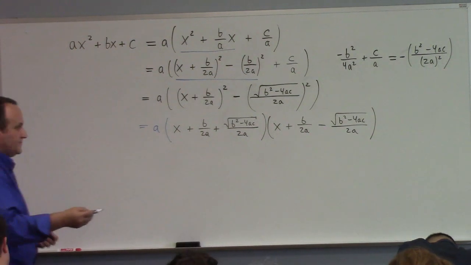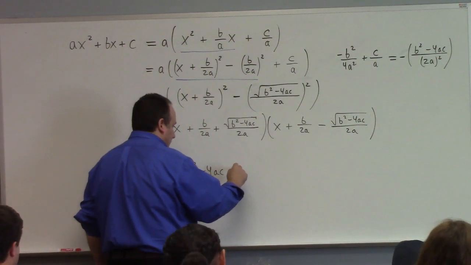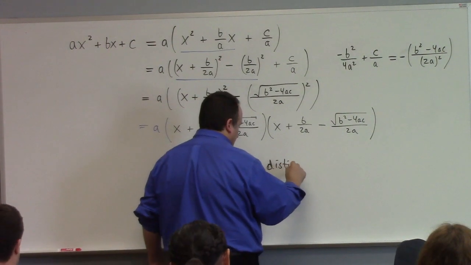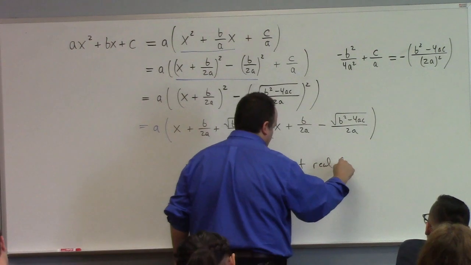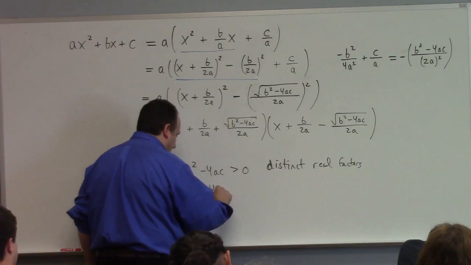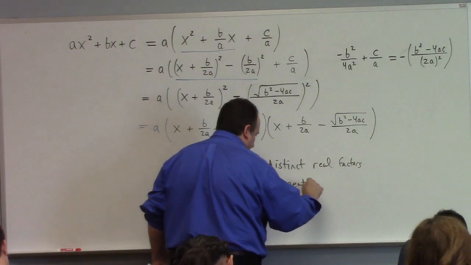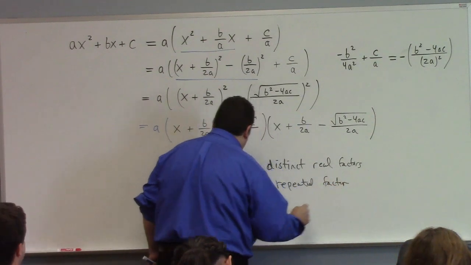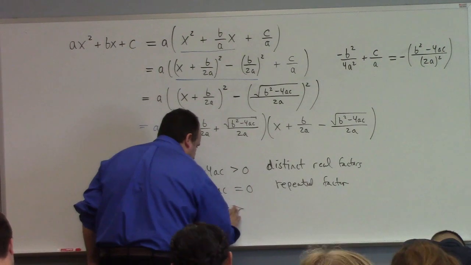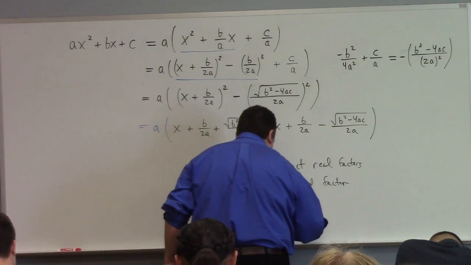Here are the cases. If b squared minus 4ac is greater than 0, it has distinct real factors. If b squared minus 4ac is equal to 0, it's a repeated factor. If b squared minus 4ac is less than 0, it's irreducible.